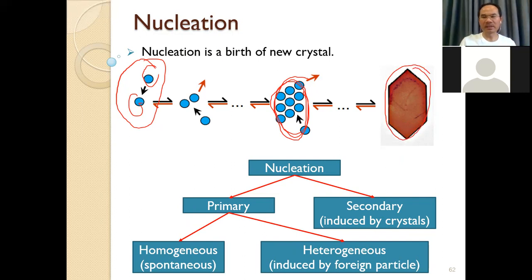This is the step, but we start from the clear solution. When you disturb the condition of the solution, by pH, by temperature, by pressure, or by adding some additive, solvent, precipitant, or crystallizing agent, something like this, the molecules move and go together until the cluster of atoms or molecules gets bigger and bigger.